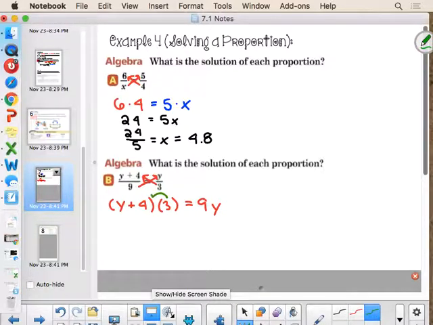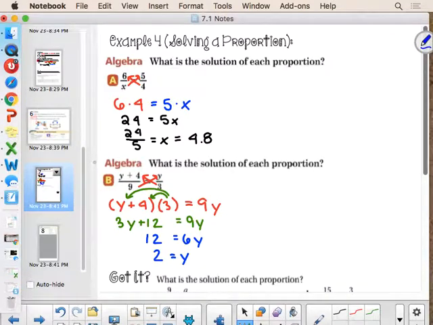Notice, I'm very cautious about this because I have to remember that both pieces are being multiplied by the 3. So we have 3y plus 12 equals 9y. Now I'm going to subtract 3y from both sides, so 12 will be equal to 6y, getting me an answer of 2 is y.